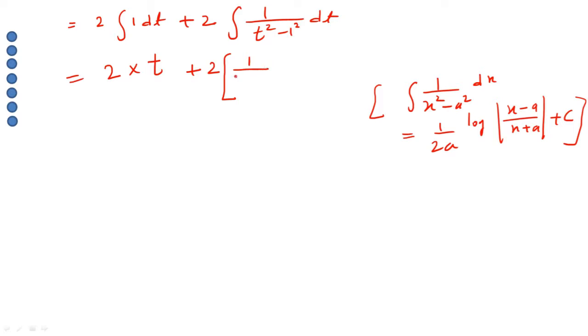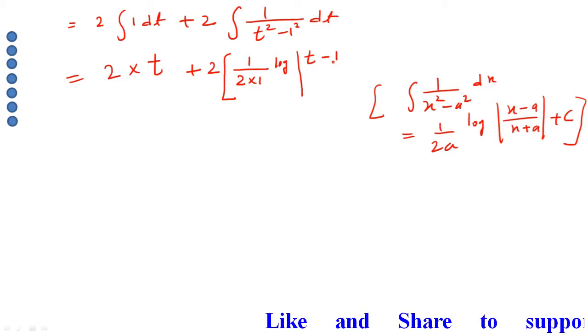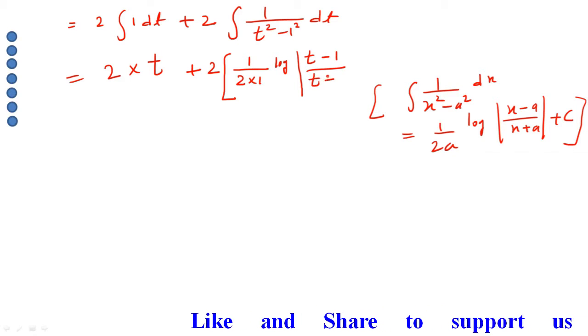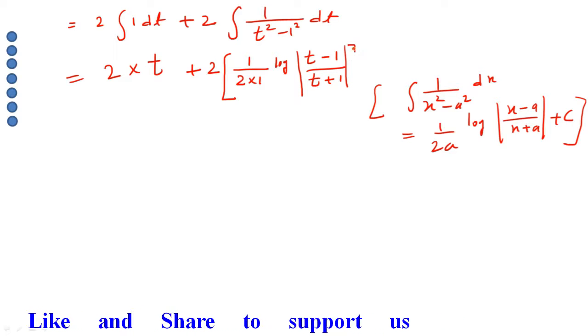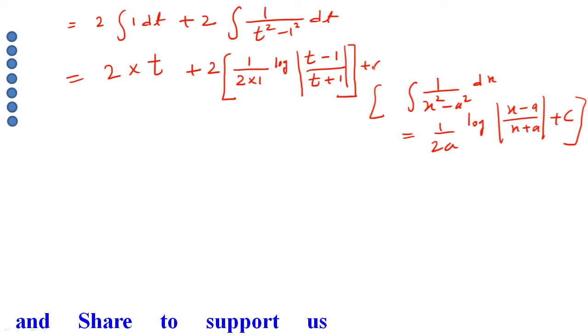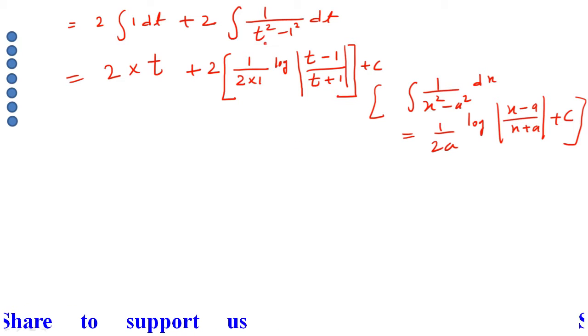So 1 upon 2a, where 2a means 2 multiplied by 1. Then log mod of x minus a. What is x for us? t. So t minus a, which is 1, upon t plus 1. Then mod, big bracket close, then integration constant. I hope it's clear to you.